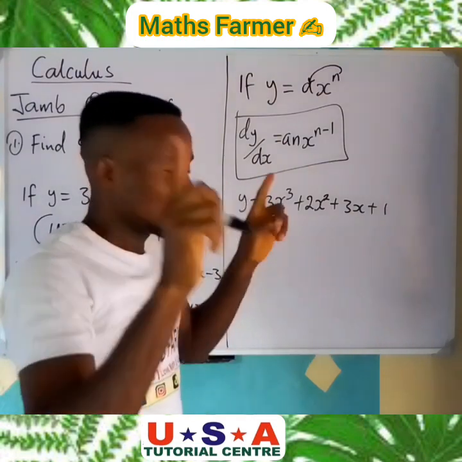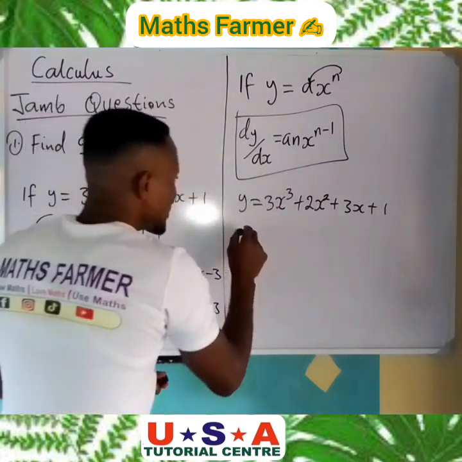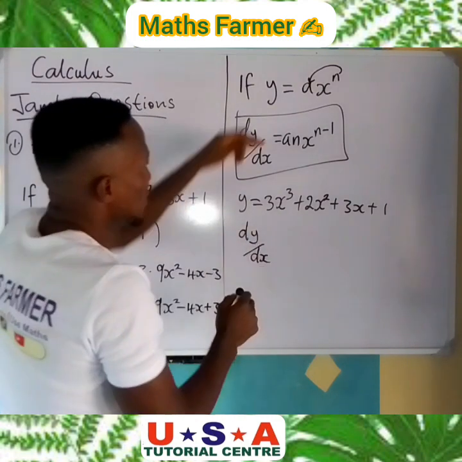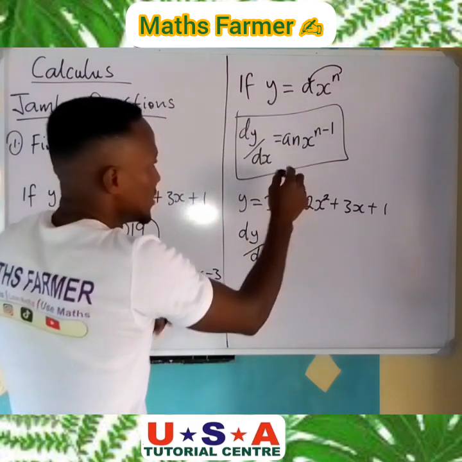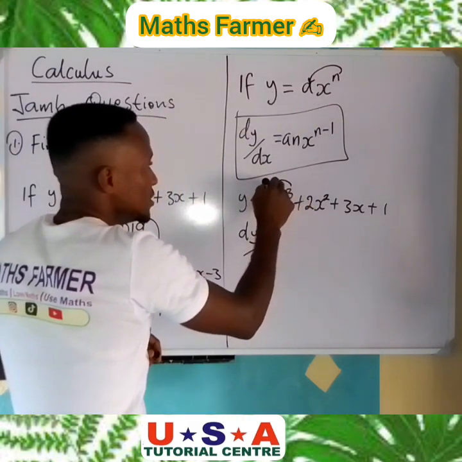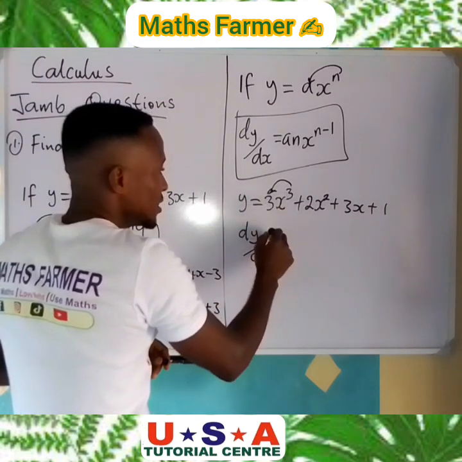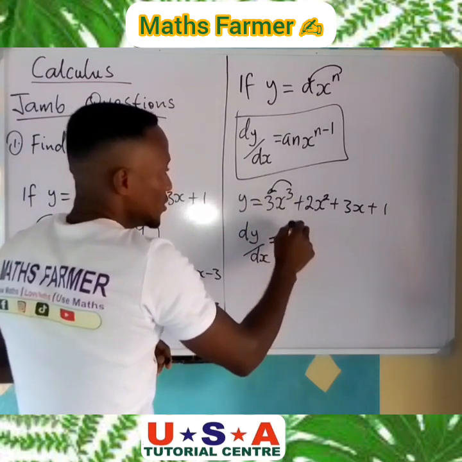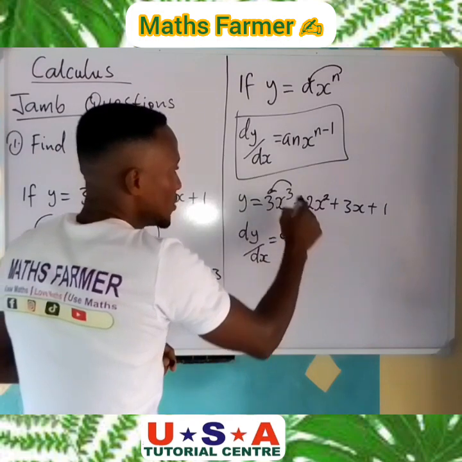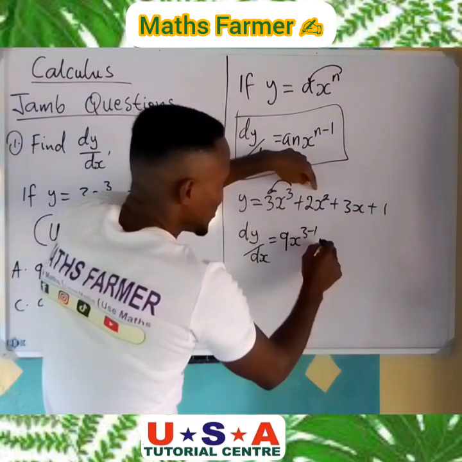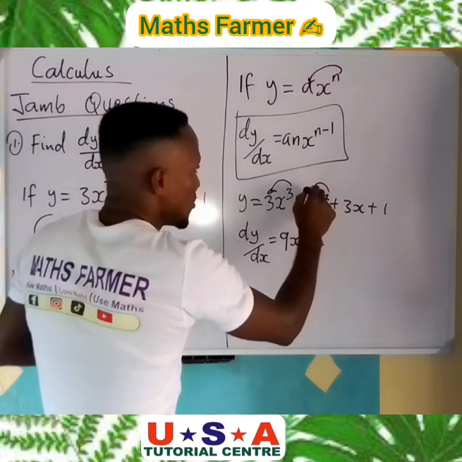0. So now let's start. We are differentiating y with respect to x. So applying what you have here in the formula, the power will multiply the coefficient. So now 3 times 3 here is going to give us 9. We reduce 1, we remove 1 from the top. Coming to the second term here, plus, the power here will multiply this.